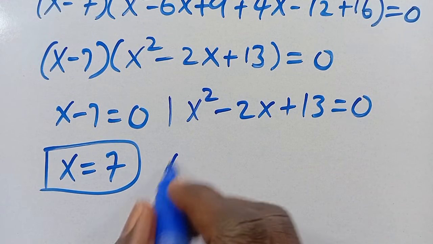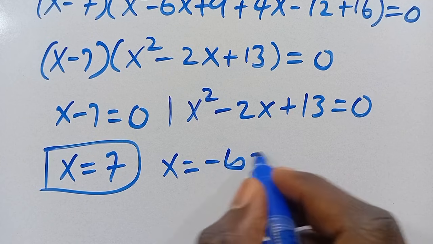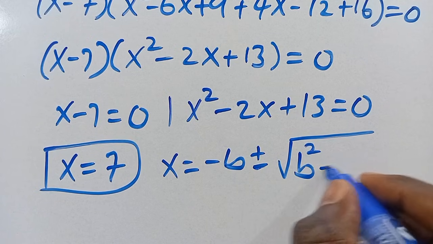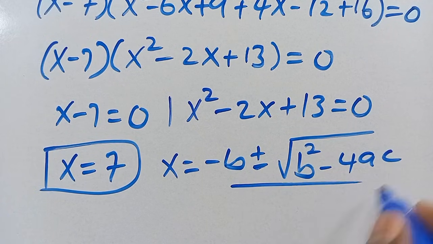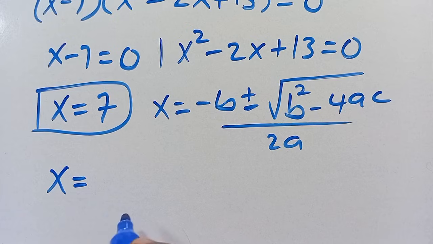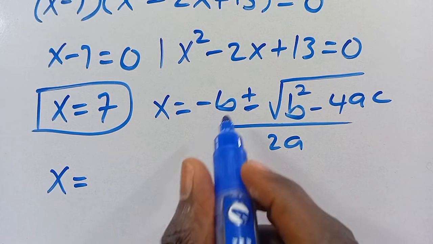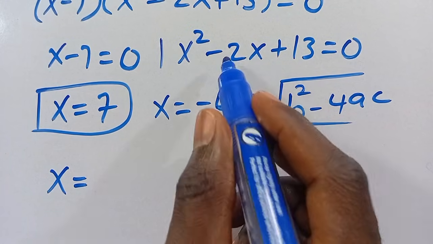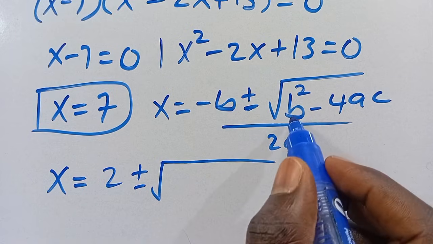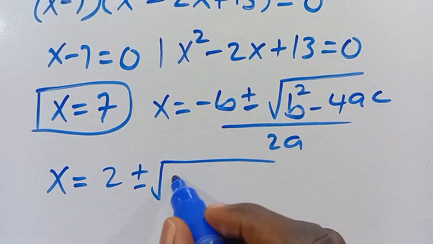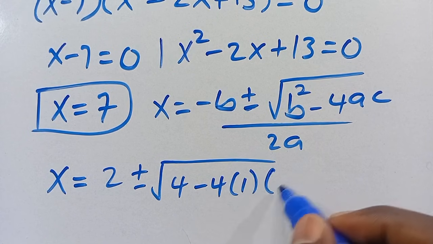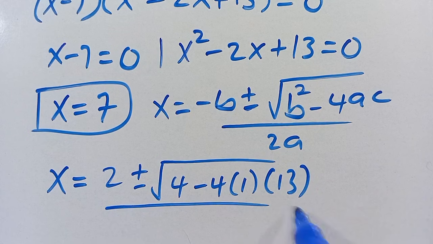And likewise, from here, we can have x equals minus b, positive or negative, the root of b square minus 4ac, divided by 2a. So here, x equals, from here, our b is the coefficient of x, which is minus 2. Here will be plus 2, positive or negative, root of minus 2 in parentheses to the power of 2, which is 4, minus 4 times a, which is 1, times c, that's 13, divided by 2.